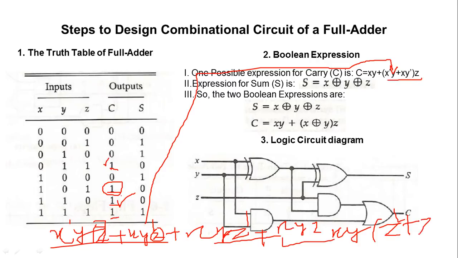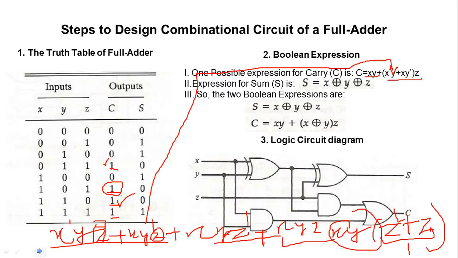If you remember the Boolean identity, it says that a number with complement, when added to the same number, is nothing but a 1. This is the Boolean identity. You can refer to the Boolean identities in the Morris Mano book; there are a number of Boolean identities given. So my idea here is to tell you that I am able to get another value as xy. So this is how this xy and this entire expression came.